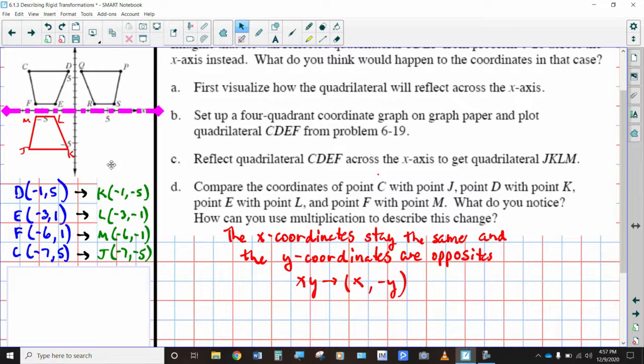Once again, just like with the previous situation, this only happens when you reflect over the x-axis. This isn't a go-to coordinate notation anytime you have a reflection. It only works in one circumstance, and that's this one where you're reflecting over the x-axis.